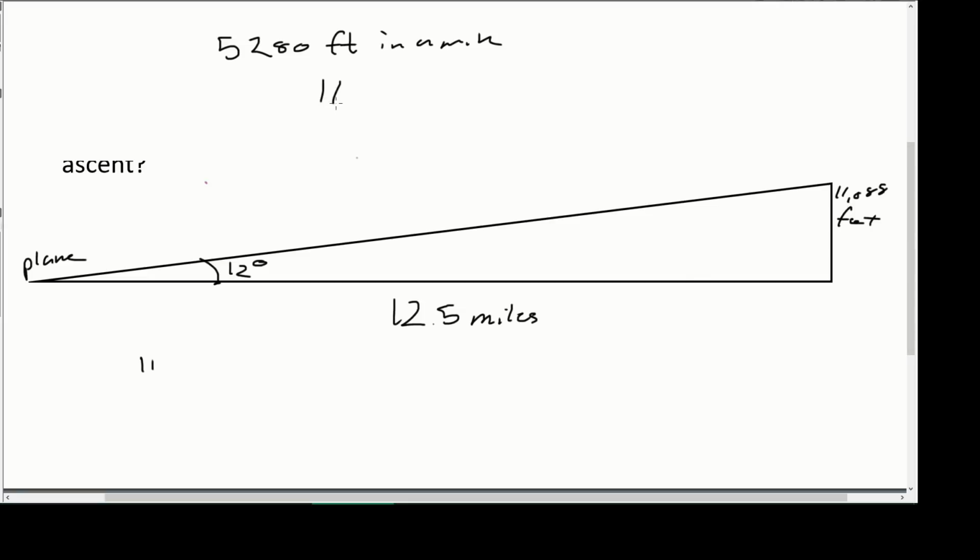So I'm going to take 11,088 and divide it by 5,280. That's going to give me 2.1 miles. So I can come in here and replace this part. Oh, I just cut the triangle's edge off. With 2.1 miles. So we're at least in the same units now.